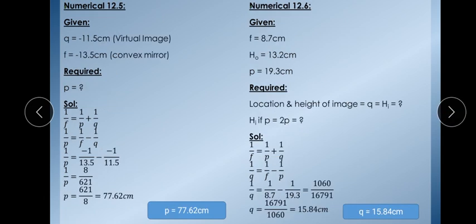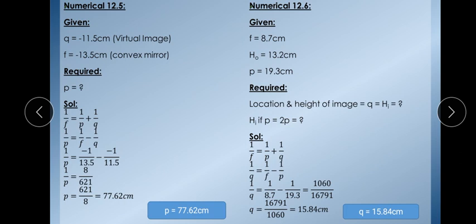Students, the statement of numerical 12.5 is: an image of a statue appears to be 11.5 centimeter behind a concave mirror with a focal length 13.5 centimeter. Find the distance from the statue to the mirror. Given is q equal to minus 11.5 centimeter, as it is behind the mirror, so the image is virtual.